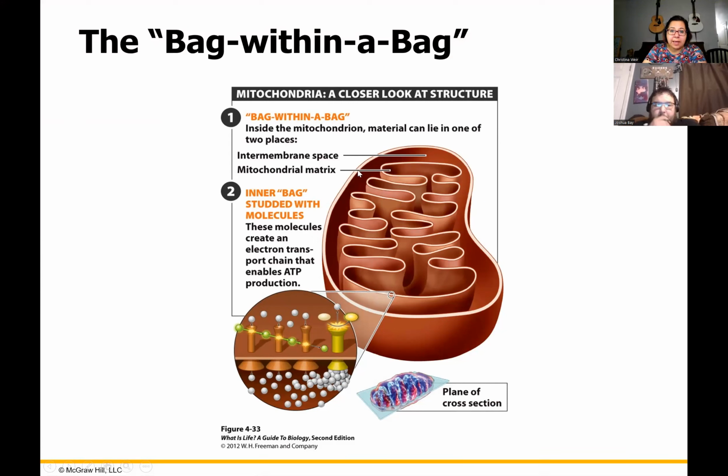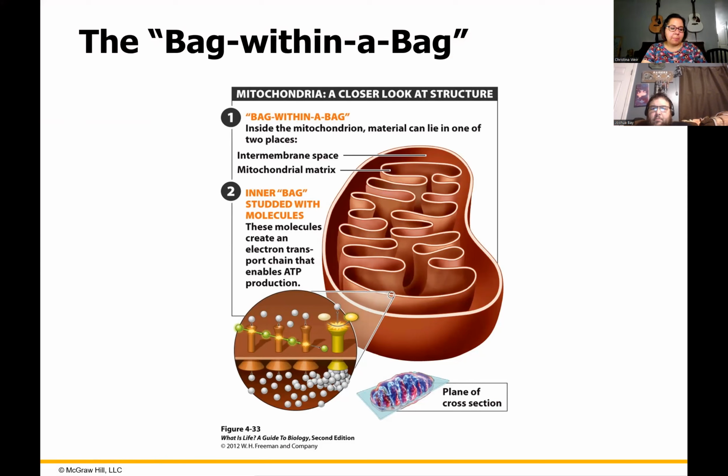They have an outside bag, and then they have an inside bag. And the inside bag is folded very neatly, and it's surrounded by the outside bag. So that's why sometimes it's called a bag within the bag. The bag on the inside is called the inner bag, and the bag on the outside is called the outer bag.